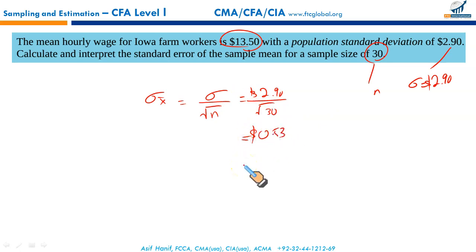This means if we were to take many samples of size 30 from the Iowa farm worker population, that's our whole population from where we're selecting, and we prepare a sampling distribution of the sample means, we would get a distribution with expected mean of $13.5 and a standard error of 0.53. Right? That's what the interpretation is.